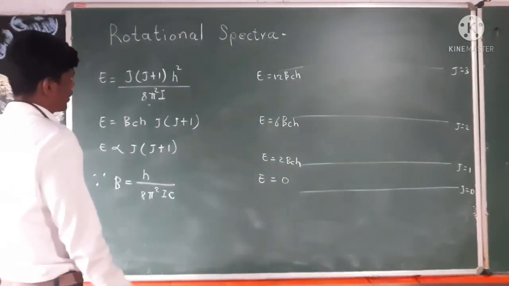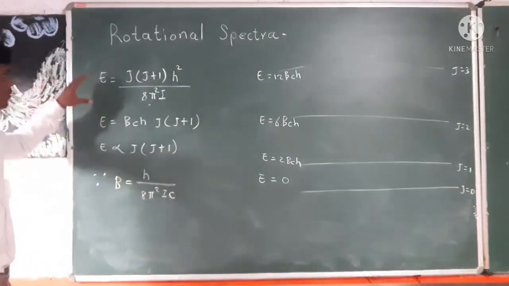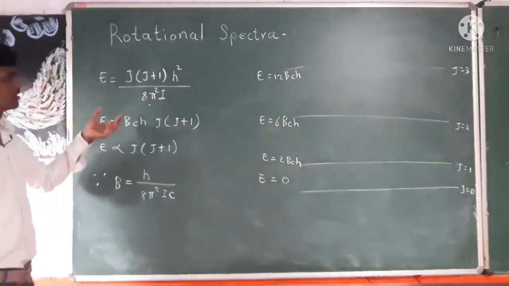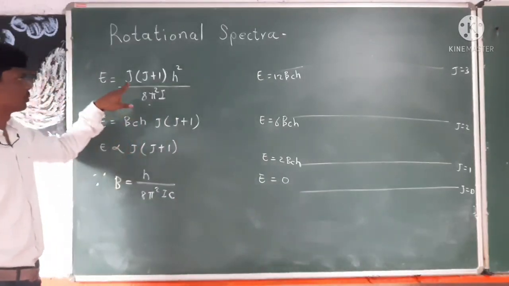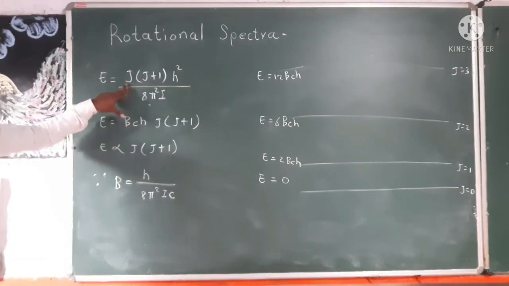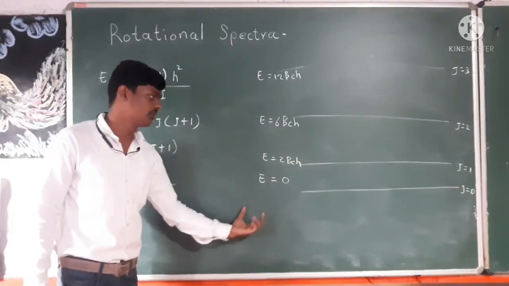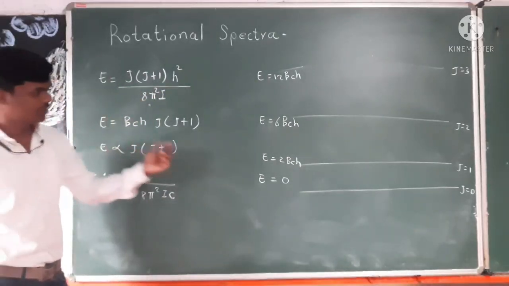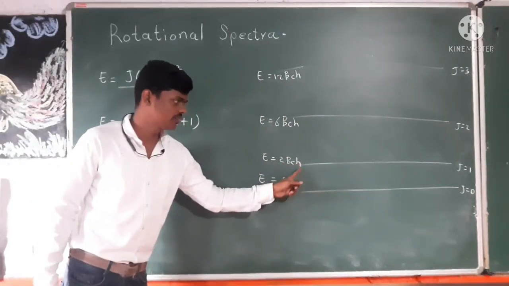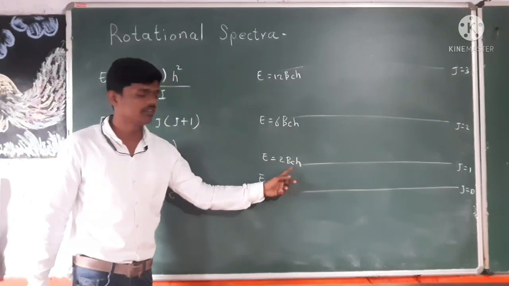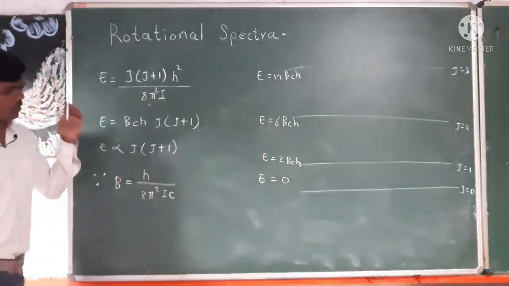Next point, rotational spectra. Now we know this expression is for rotational energy levels. So we just put the value of rotational quantum number j, and we will get the energy value for that particular rotational energy level. Here we are writing it in terms of BCH, where h is Planck's constant, c is the speed of light, and B is the rotational constant.